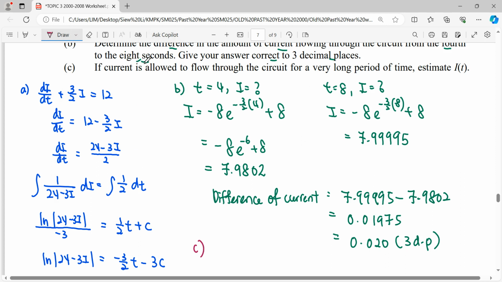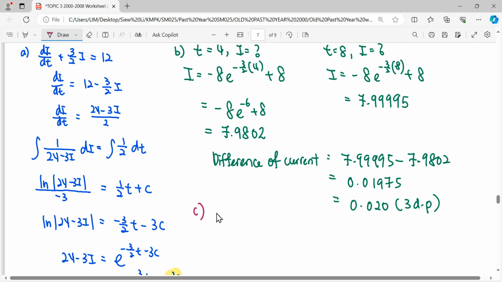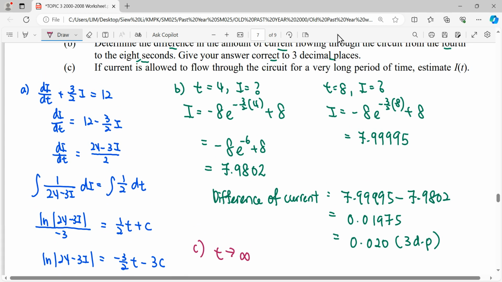If the current is allowed to flow in the circuit for a very long period of time, estimate the current. So it means that t approximates to infinity. When it's flowing for a long period of time, we have to find out what the current is.